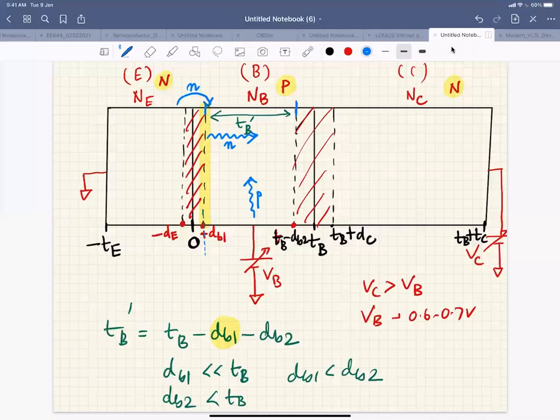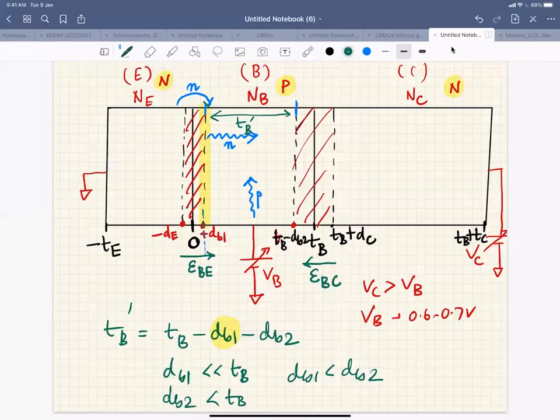Similarly, if you look at the electric field at the junction, I told you yesterday that electric fields are always N to P. So I have an electric field here, let's say epsilon electric field 1, or I could write electric field at the base emitter junction, and there is an electric field at the base collector junction, right?